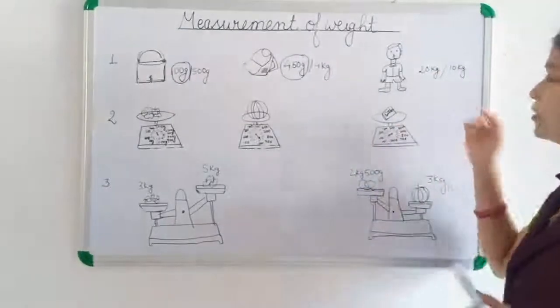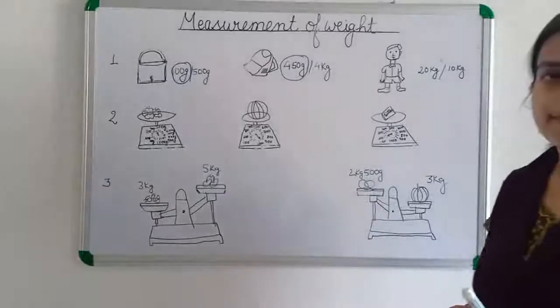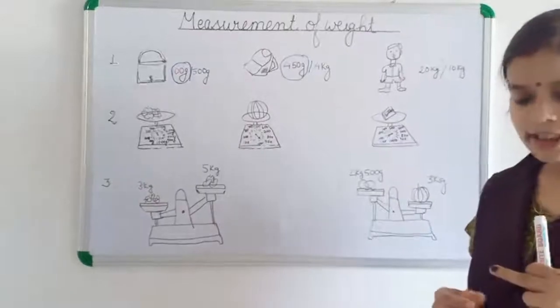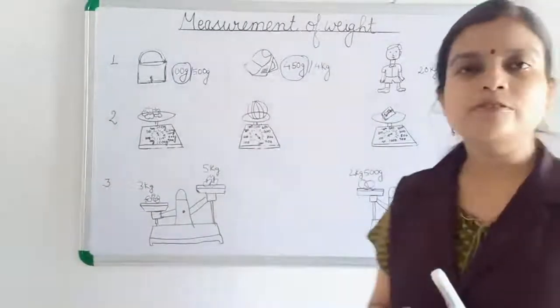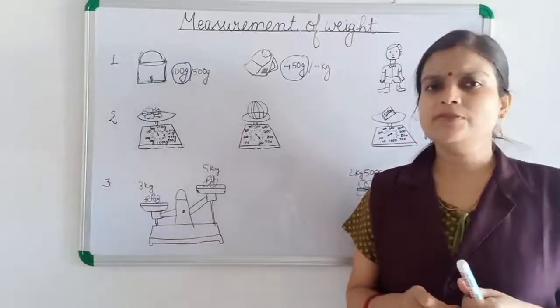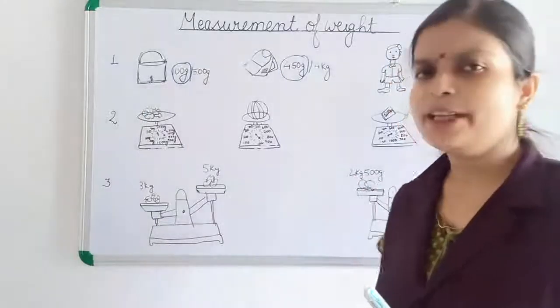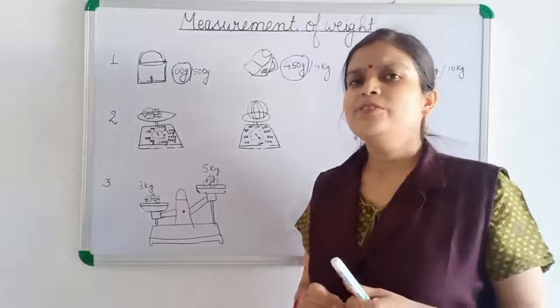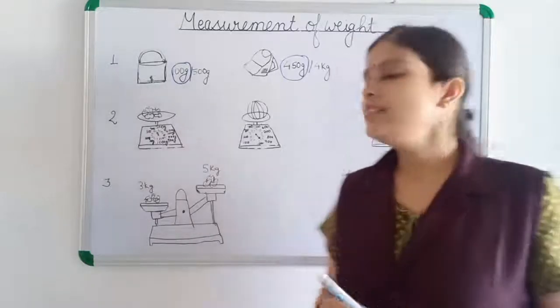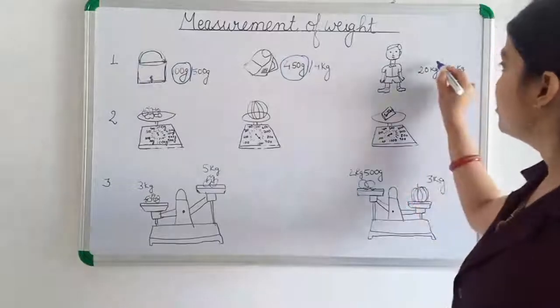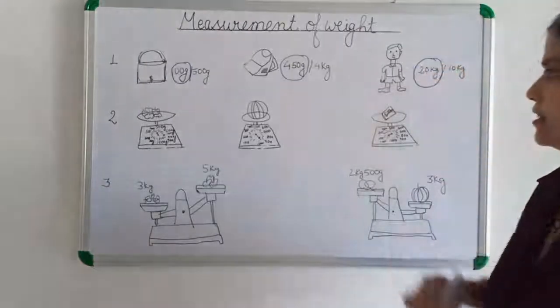Now what is your weight or your brother's weight? Okay, 10 kg or 20 kg. All the time you are measuring your weight. Whenever you go here and there, if you see a weighing balance anywhere, you used to weigh yourself. So what is the more suitable weight? 20 kg.